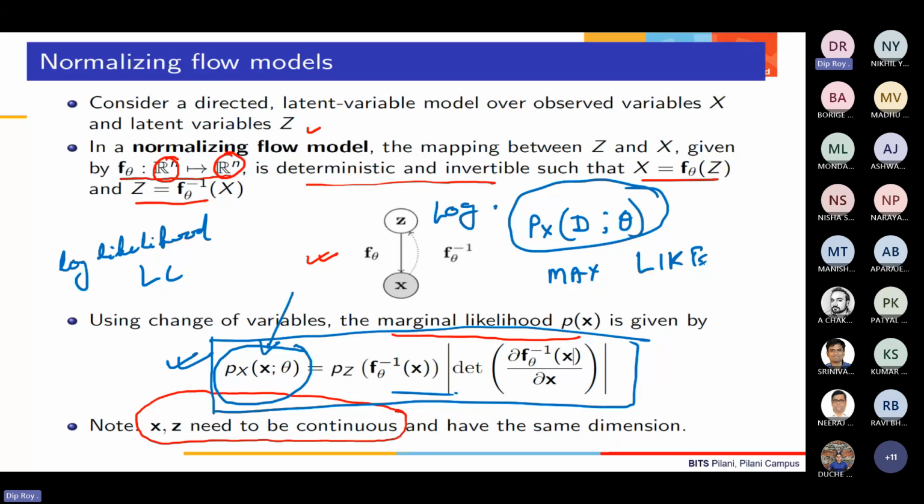And if you remember your chain rule formula, the product becomes a sum. And now it is easy for us to do all the calculations. And this is not specific to normalizing flow models. This is general stuff.